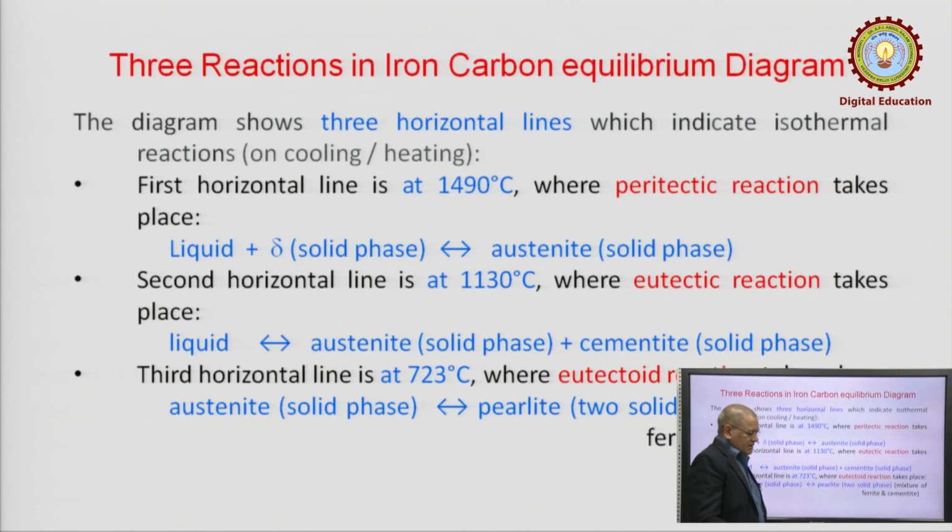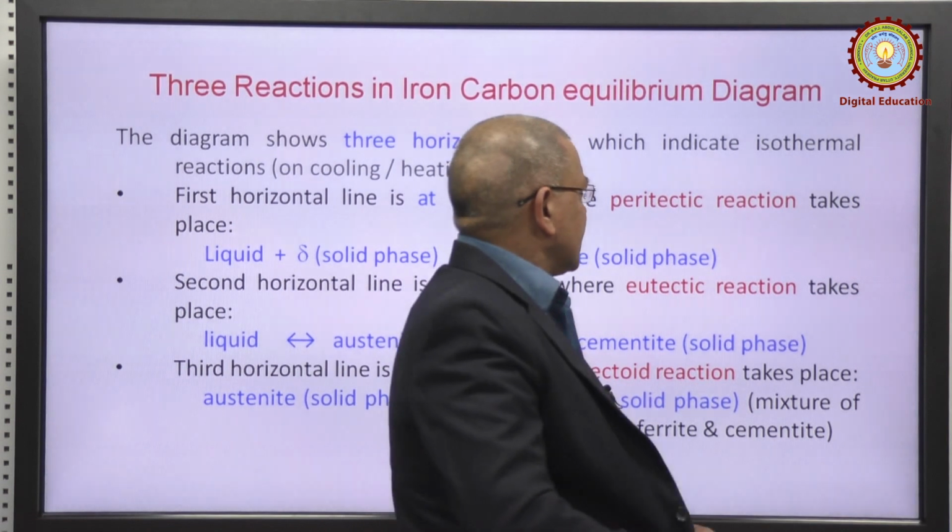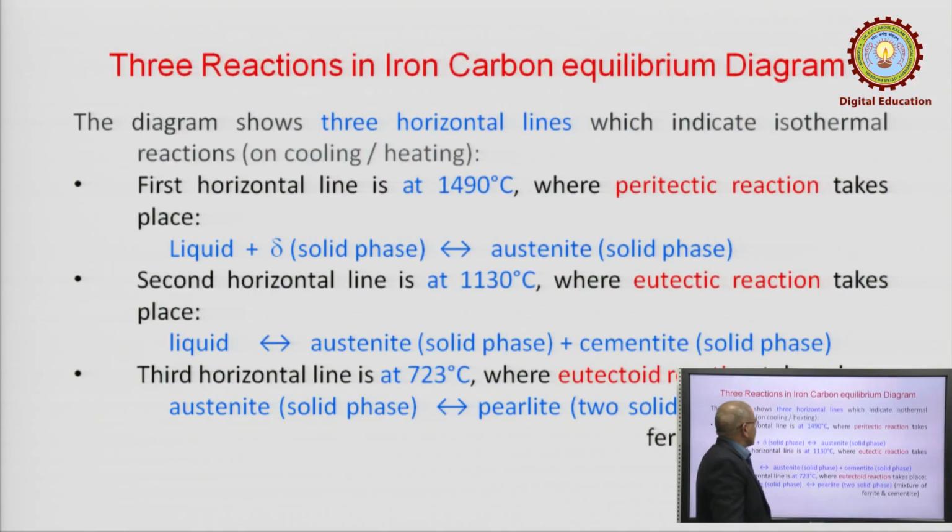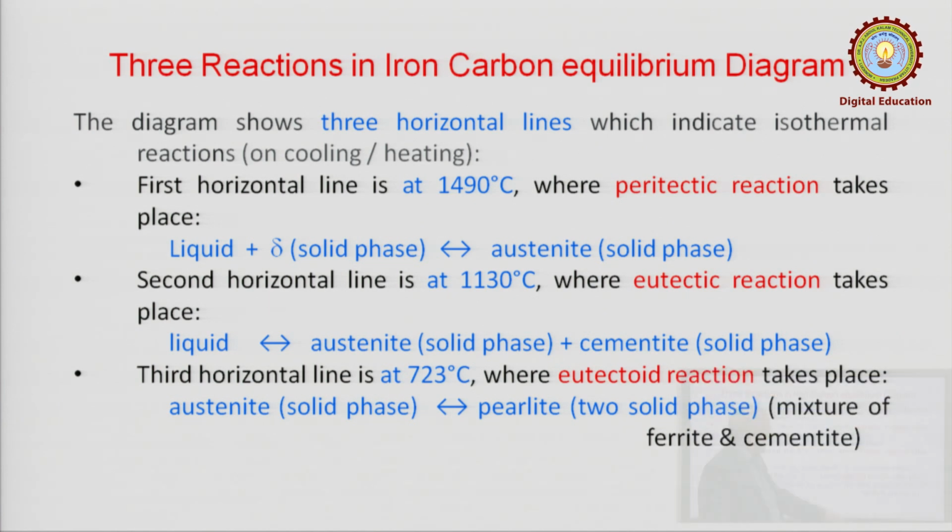Three important reactions occur in the iron carbon equilibrium diagram at the important points. The first one, as I said, is the horizontal line at 723 degrees centigrade where the eutectoid reaction takes place. That means one solid phase converts into two different solid phases.